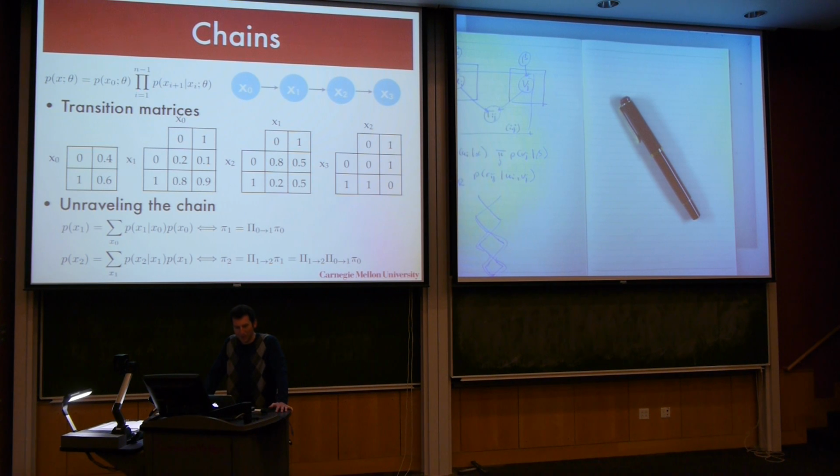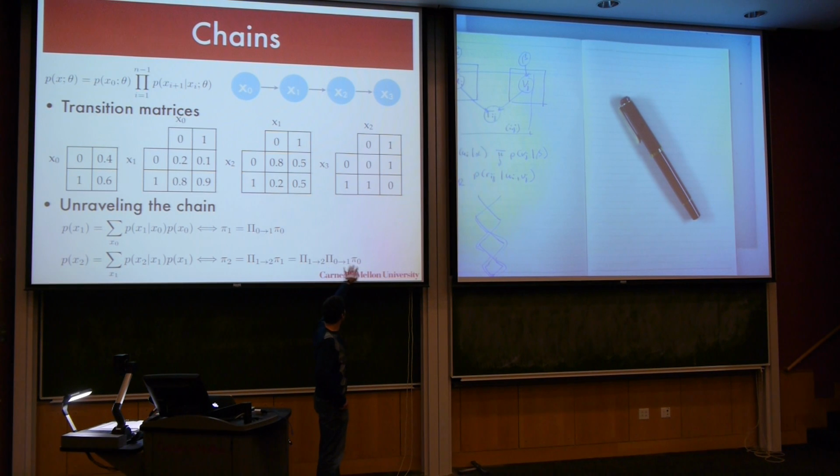Now I can do the same thing for p of x2, right? That's, by Bayes rule, p of x2 given x1 times p of x1. Now the latter is given by that matrix vector product above. So I can chain things together, and I get first the transition matrix going from 1 into 2, then the matrix going from 0 into 1, and then the original state.